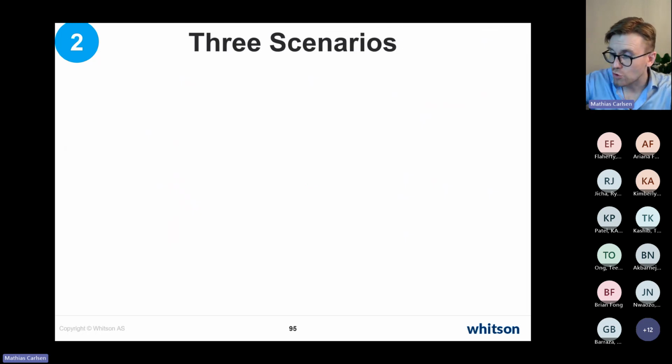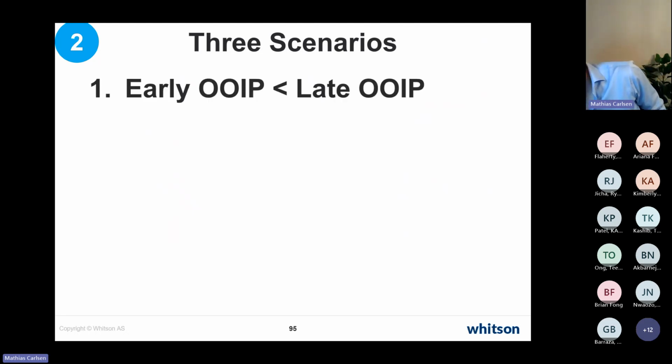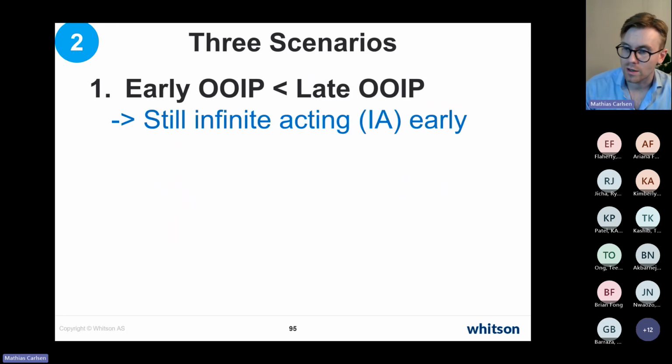So when you have these 3 different options, what can happen is that you have an early slope that is steeper than the late slope. And that means that you have an early OIP that's smaller than the late OIP. That just means that you're still infinite acting early on, and then you go into boundary late time.